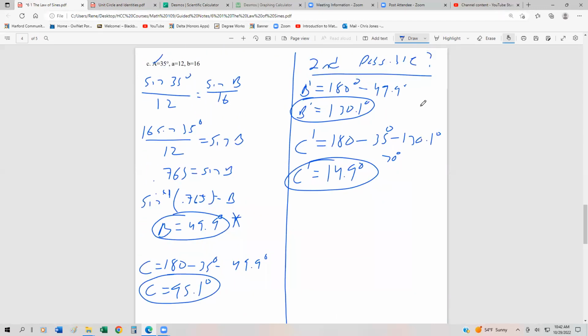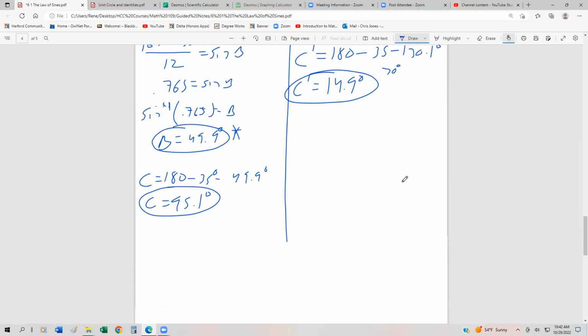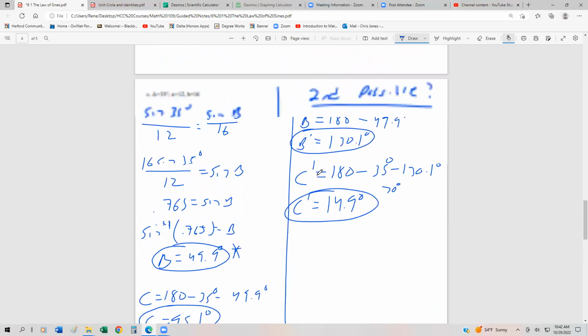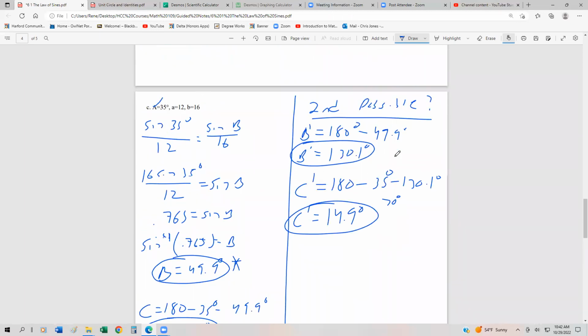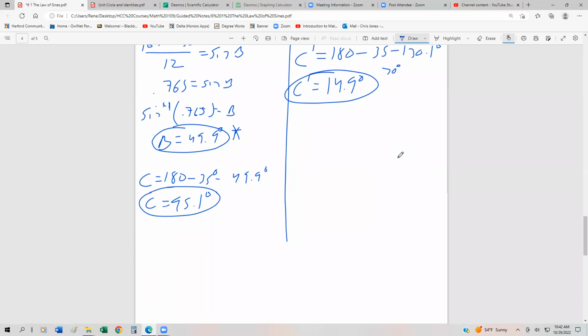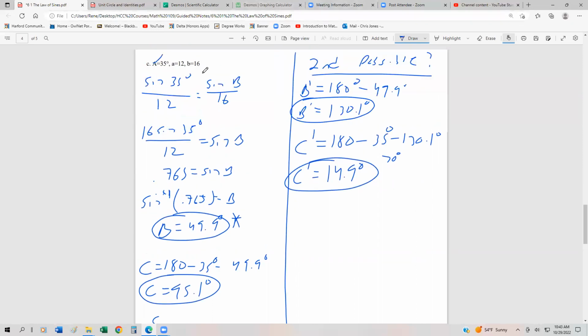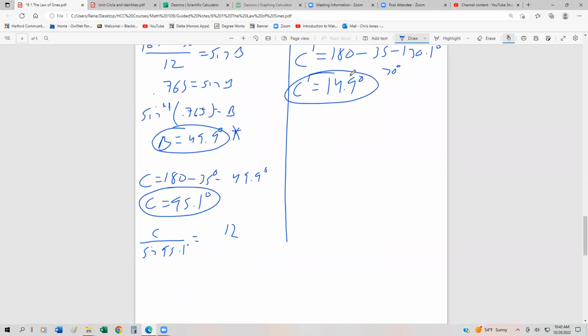Now, all we have to do for both of these is find side C. So this is angle C, and we already have side B and A. What we could do is say that side C divided by sine of 95.1 degrees is going to be equal to, let's just use side A because it's a little bit easier to work with, 12 divided by sine of 35 degrees.